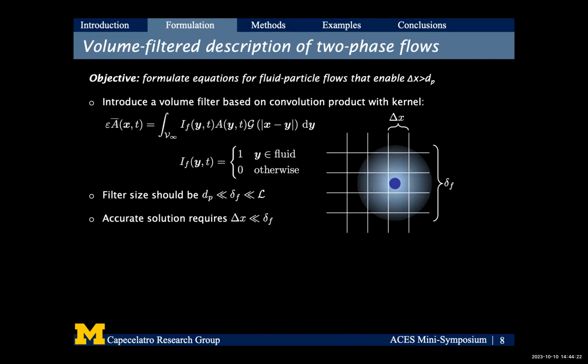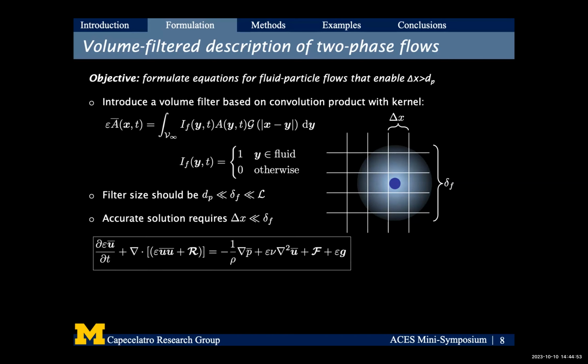And we can define a filter: if we take a convolution, so think of this kernel G as Gaussian or something like that, we convolve it with some quantity, but we multiply it by an indicator function, we get a filtered quantity. Meaning a quantity that's at a scale larger than the particle. It's analogous to what we do in large eddy simulation. The difference is this indicator function truncates our kernel. And so this gives rise to additional terms in the equations that we end up with.